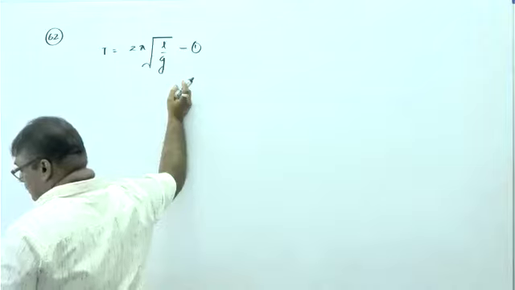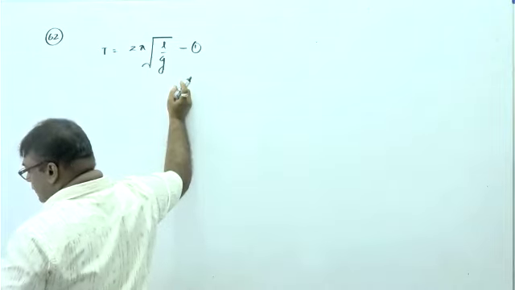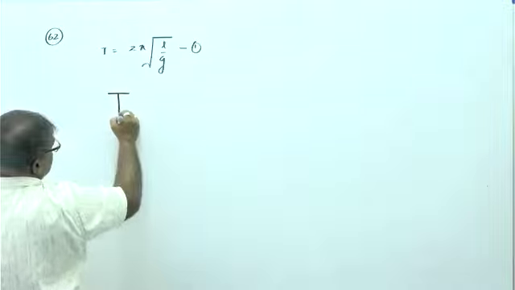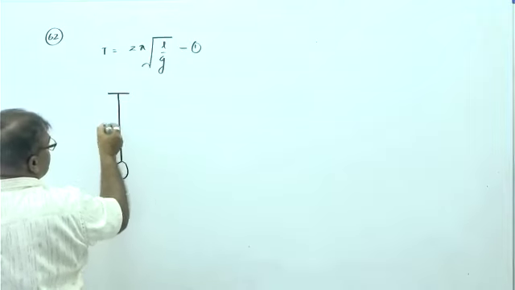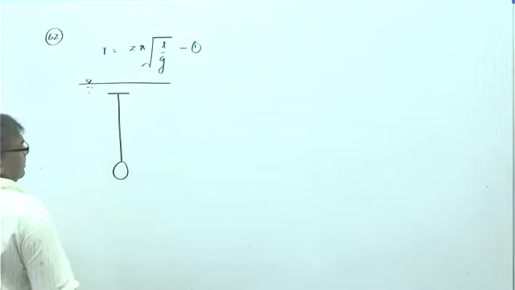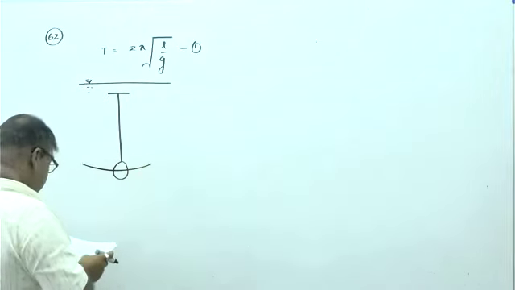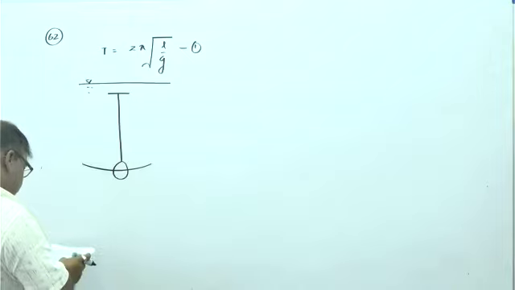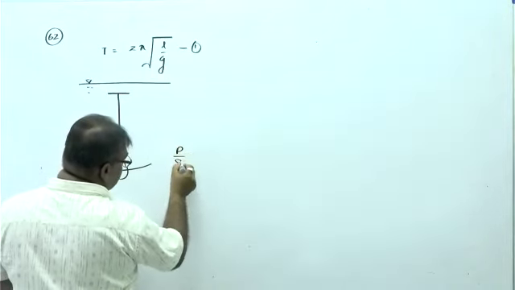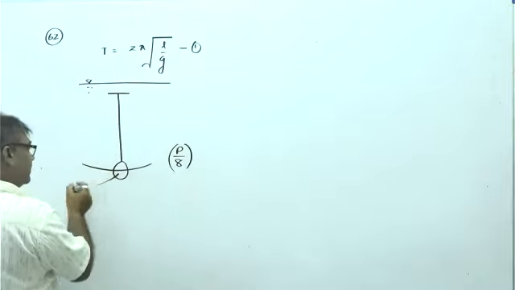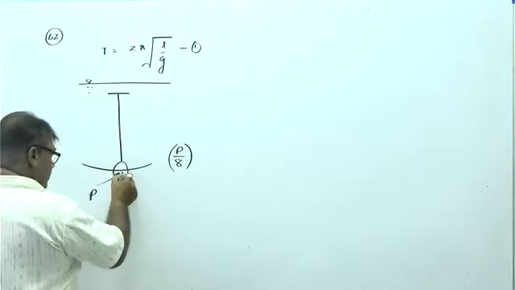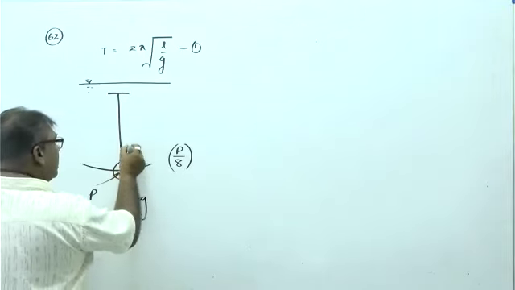What will be the time period if it is completely immersed in a liquid whose density is 1/8? The pendulum is completely dipped like this and is oscillating in a liquid of density rho divided by 8. If this one has the density of rho, right? Okay, then we have mg and upthrust u.